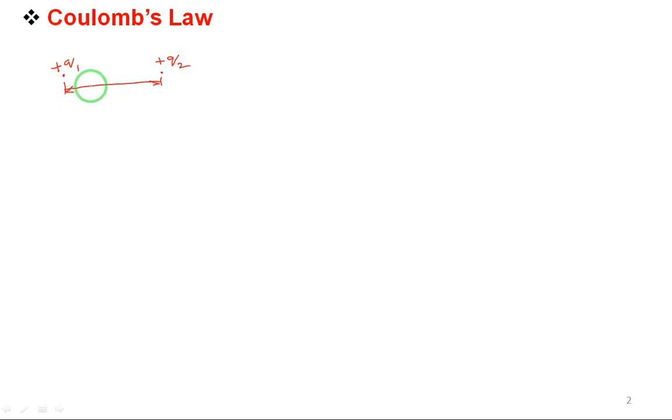If I join from point q1 to q2, this distance I will call r12, simply distance r. The charges q1 and q2 are separated by a small distance r12, right?